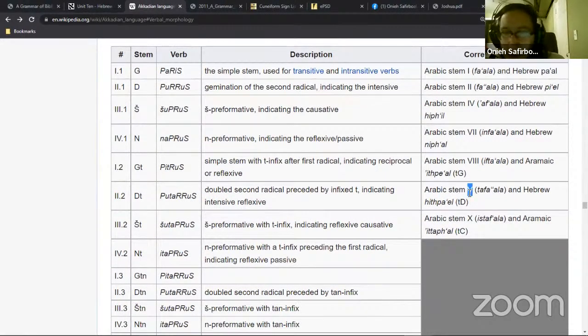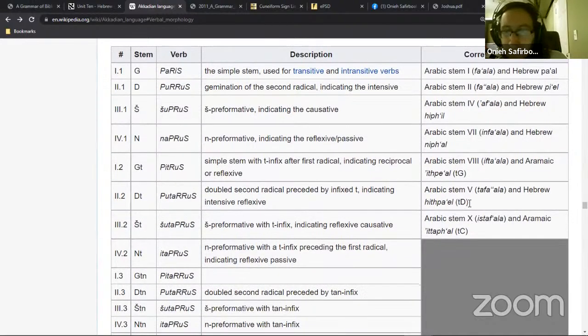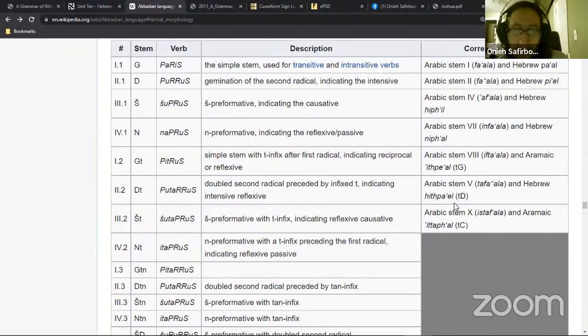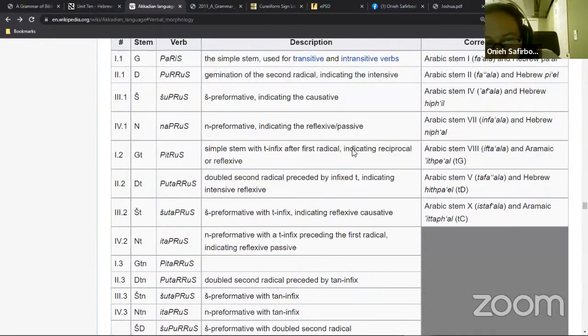Oh wait, no, 5 is down here. For some reason, they put 5 down here. But they skipped 6, and then they skipped 9 for the Arabic stems. I'll have to double check those as well. But we have reciprocal or reflexive. It has the tav marker.